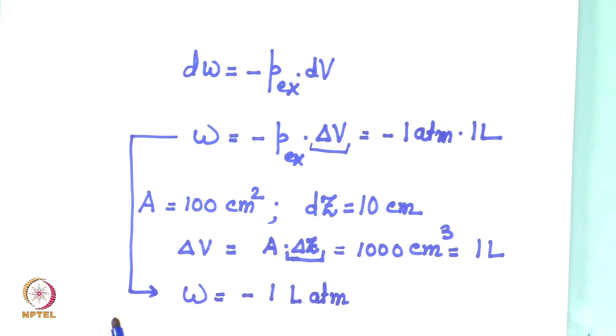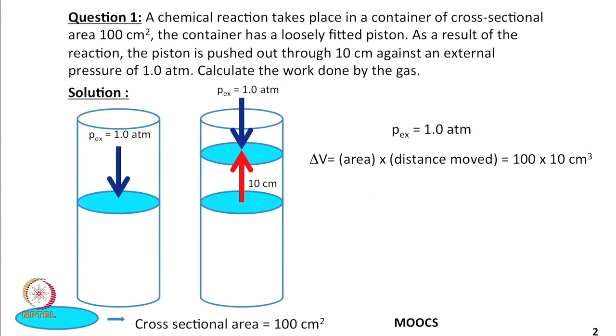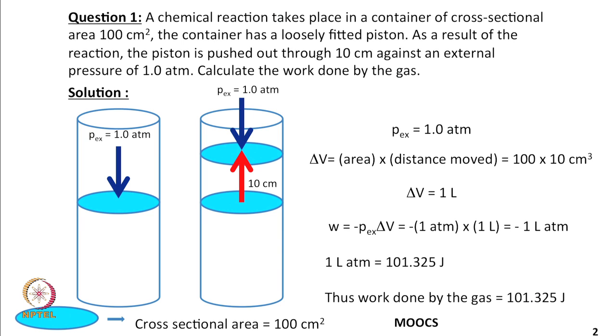Now, if you look at this slide, the same thing is shown there: delta V, which is equal to area times distance moved, turns out to be 1 liter, and the work done is 1 liter atmosphere. Liter atmosphere can also be used as a unit of work, but it is better to use joules. Please note the conversion factor: 1 liter atmosphere is equal to 101.325 joules.